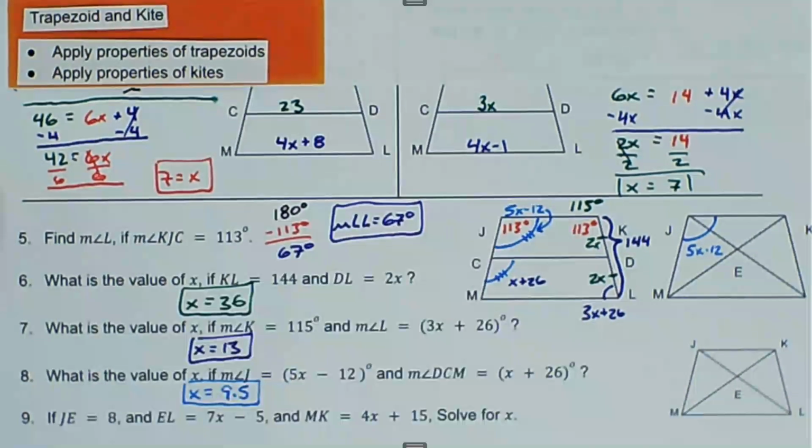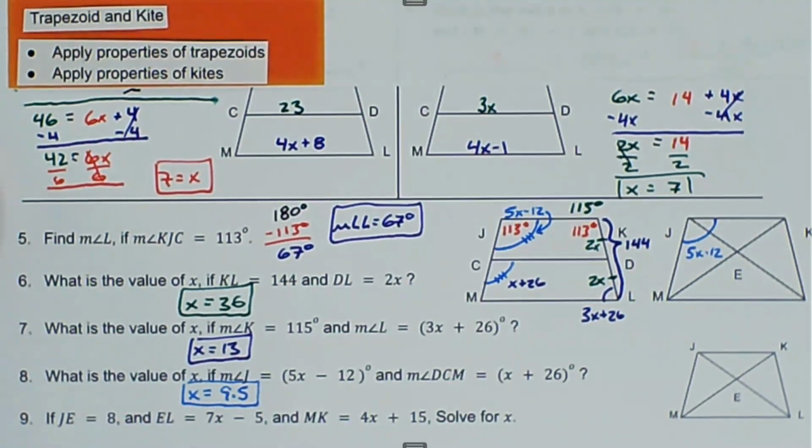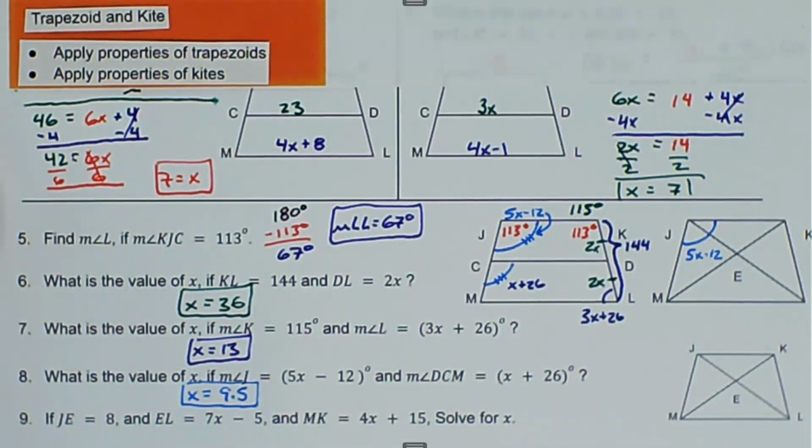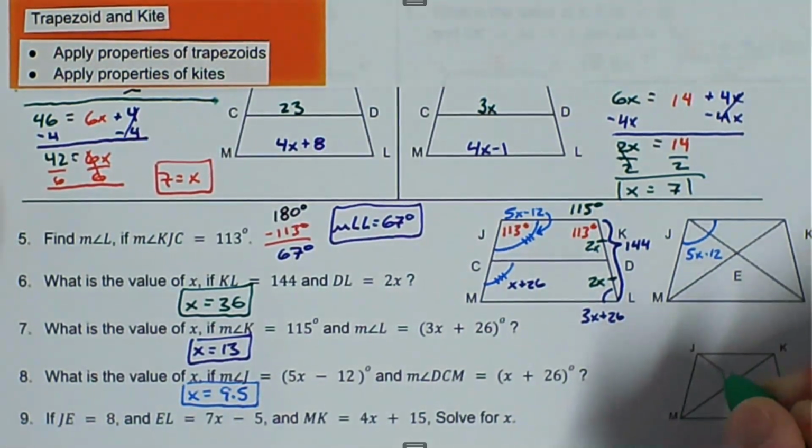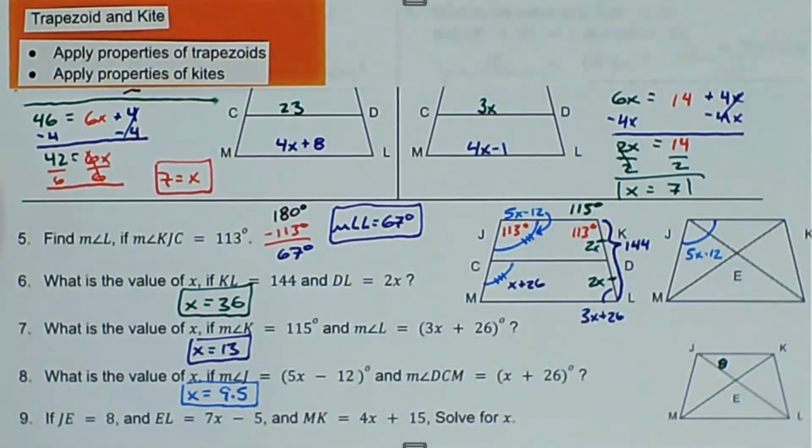And the last one. We have if JE is 8 right there, and EL is 7x minus 5, and MK is 4x plus 15.